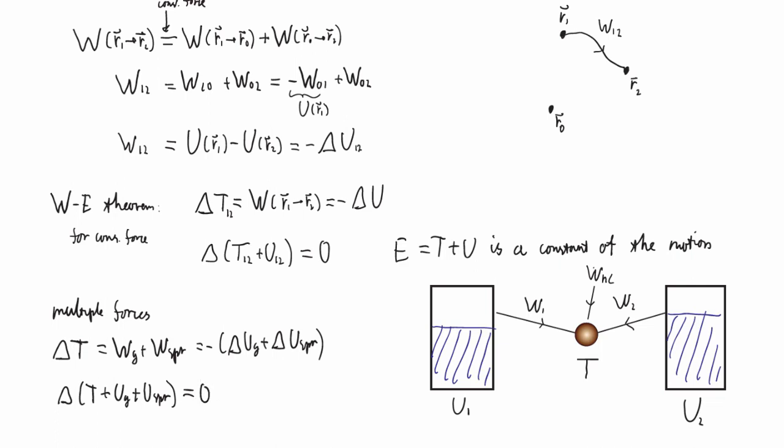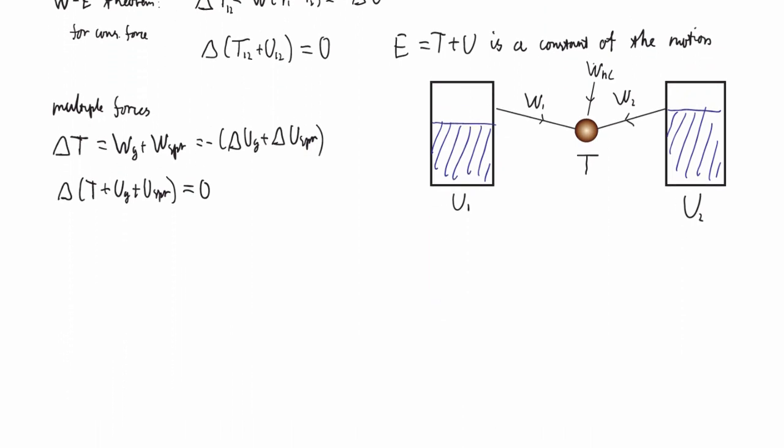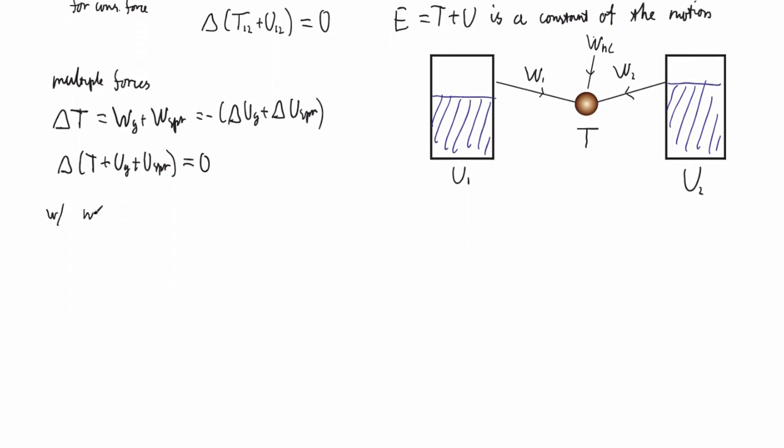If we have non-conservative forces present, then we can still use the work energy theorem. We get that the change in the kinetic energy is the work done by the conservative forces, and this is minus delta U, plus the work done by the non-conservative forces.